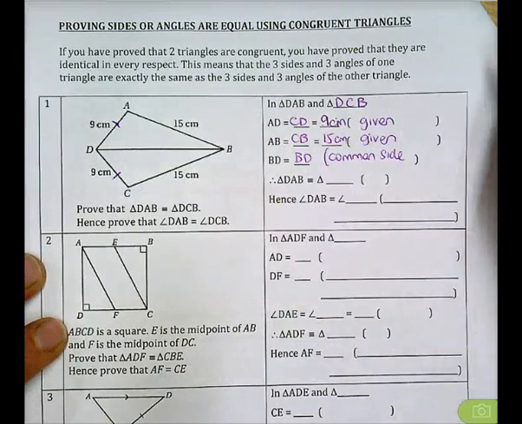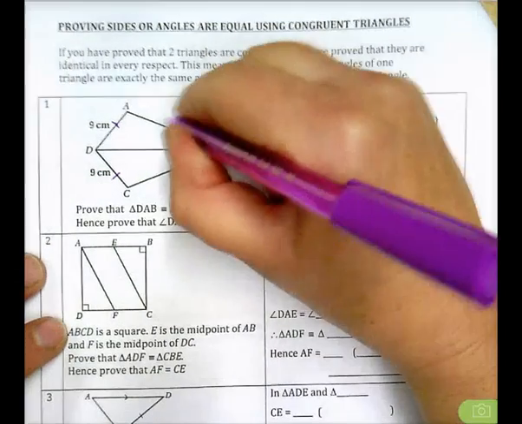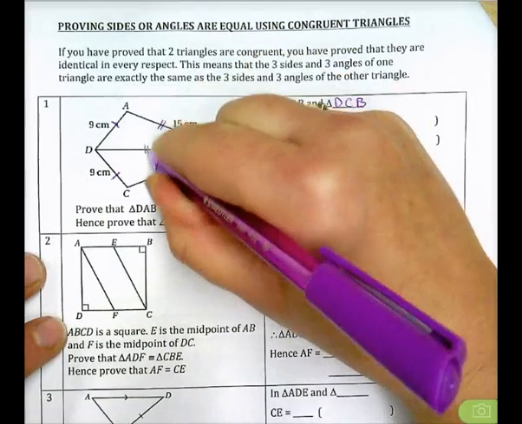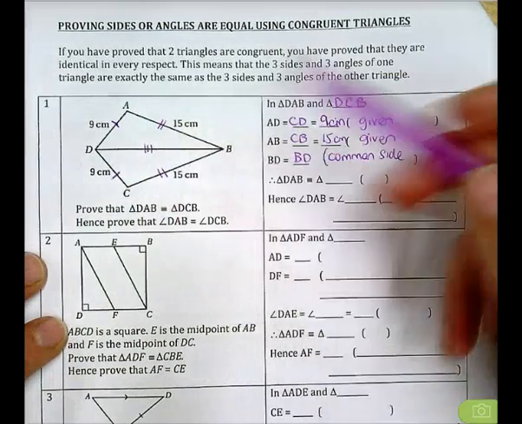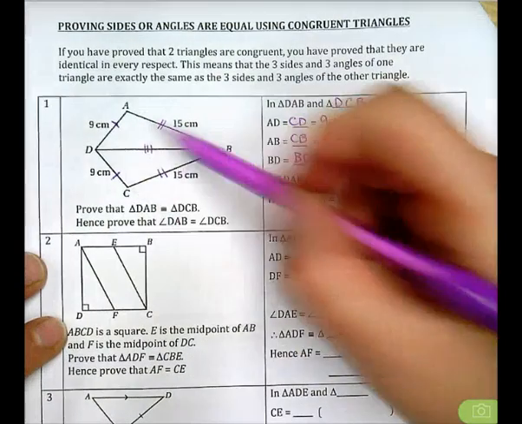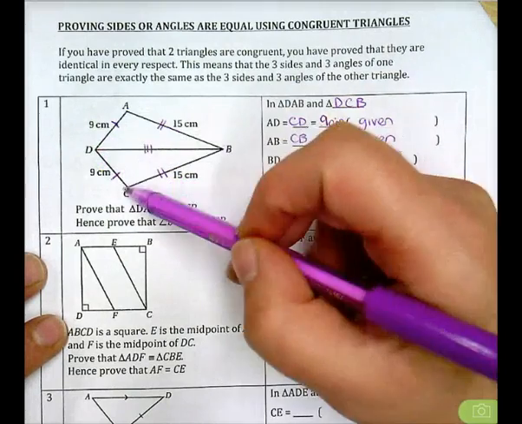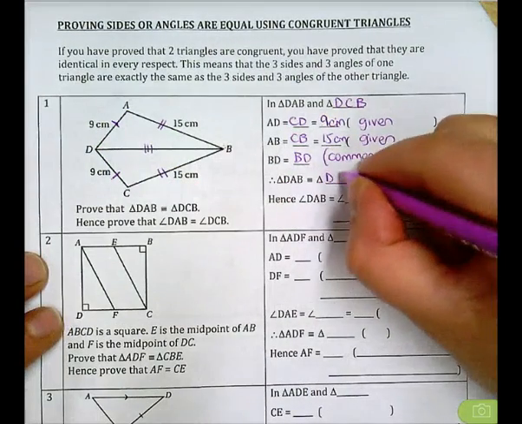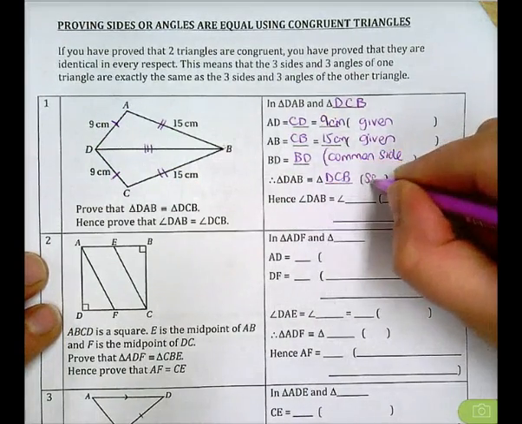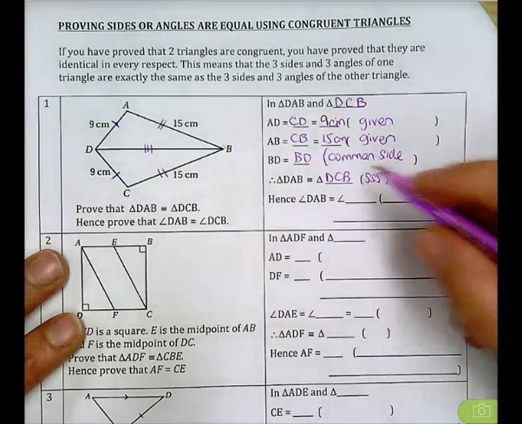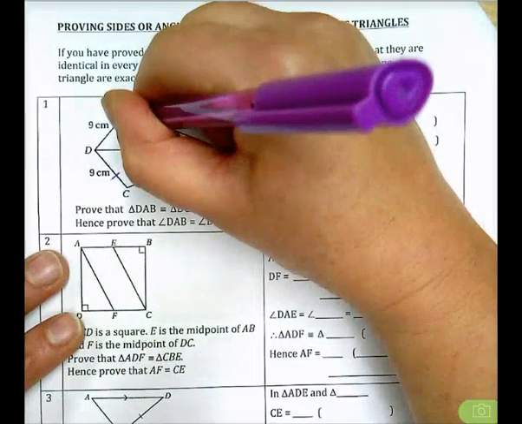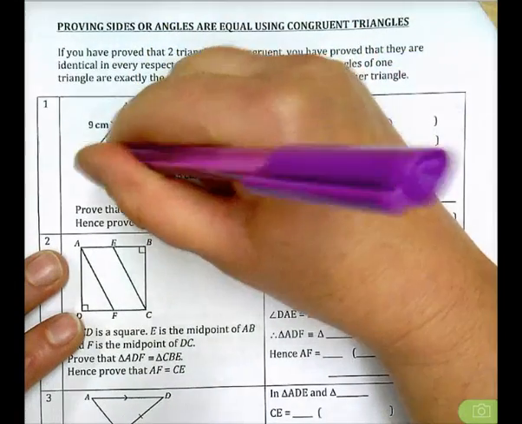Okay, and so therefore, I'm just going to mark these equal sides. Triangle DAB is congruent to triangle, now you have to do it in the same order, along the side with the single dash and the double dash. It's congruent to triangle DCB, and the reason is side, side, side. Hence, angle DAB, this one up here, will be equal.